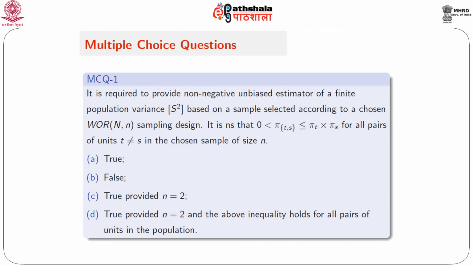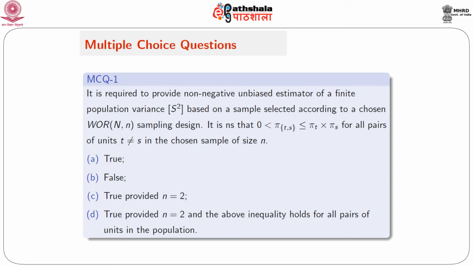So you have to be a bit careful in reading the question. So the first part is okay. You are required to provide a non-negative unbiased estimate of the population variance. The moment it says population variance, you know the necessary and sufficient condition is pi i strictly positive for all i and j. That means pi t is strictly positive for all t and s. You don't need to relate it to pi t times pi s. No, that's not needed.